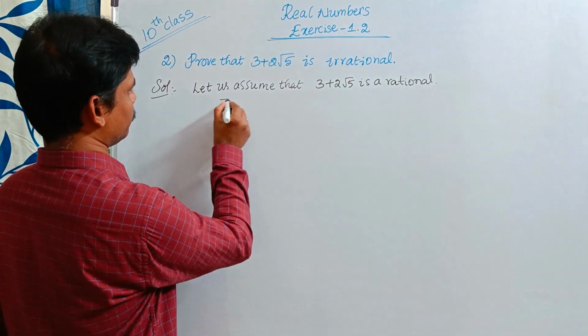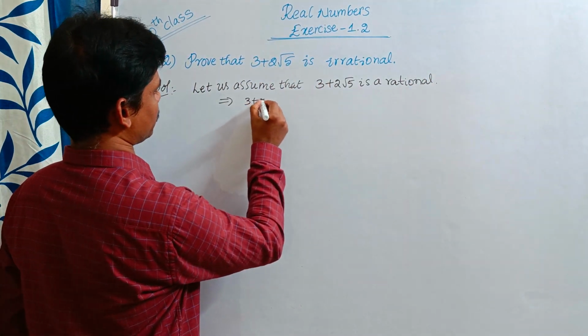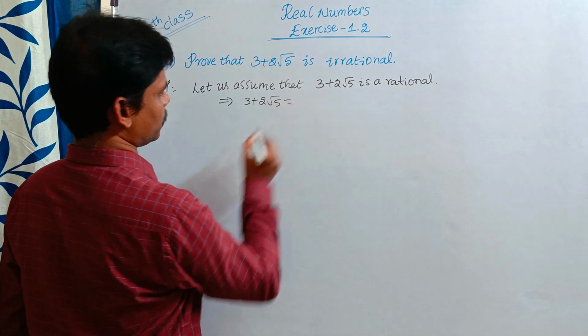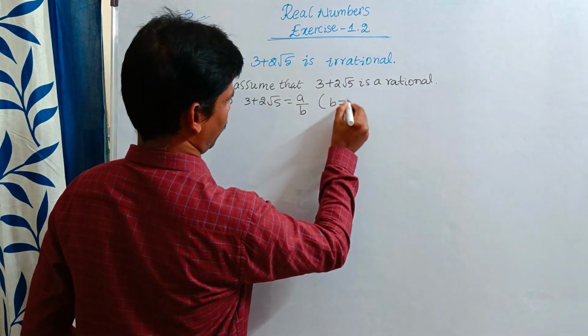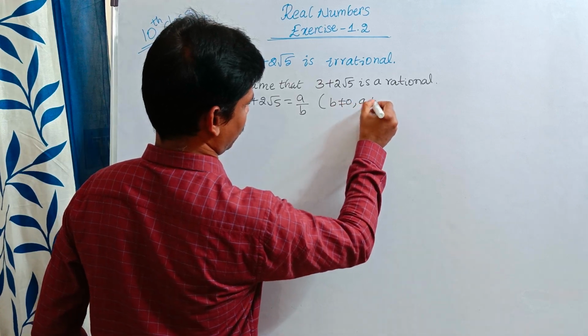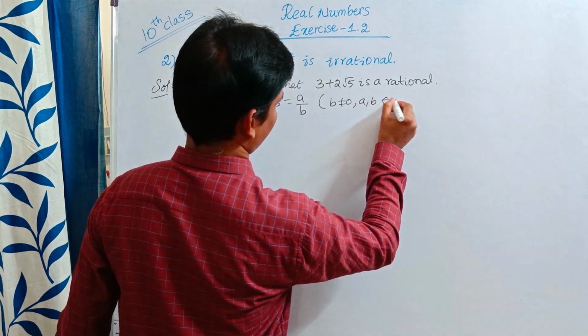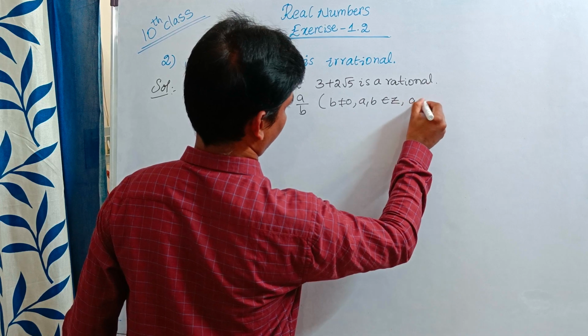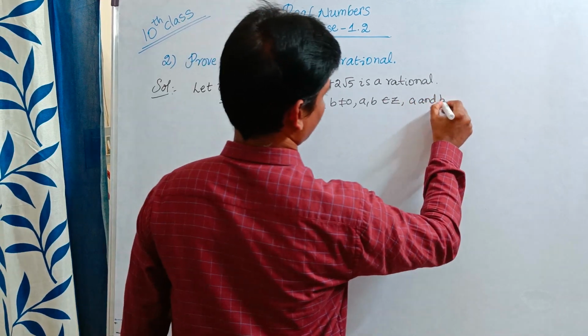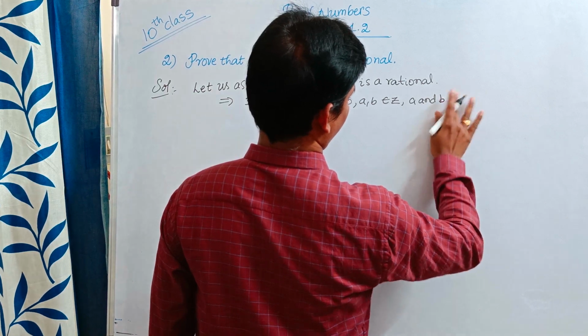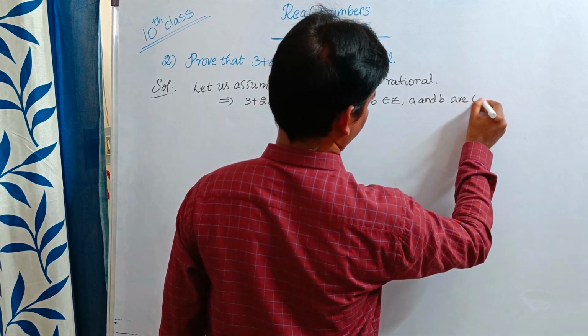Rational means 3 plus 2 root 5 is equal to a by b, b not equal to 0, a and b belong to integers, and a and b are co-primes.